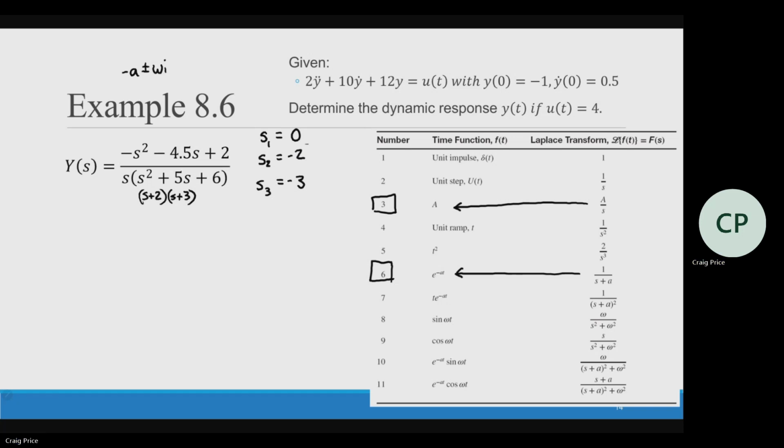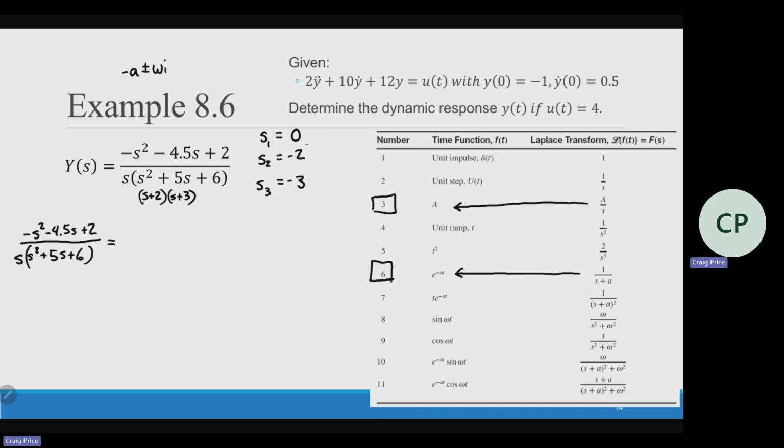because the way that we're going to set this up is: I've got negative s squared minus 4.5s plus 2 over s times s squared plus 5s plus 6.